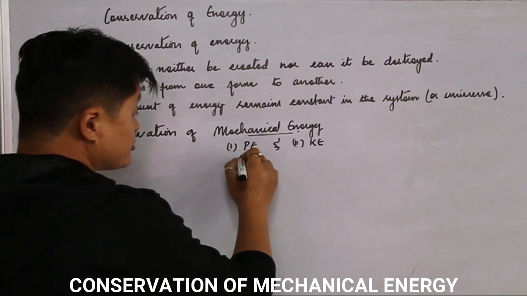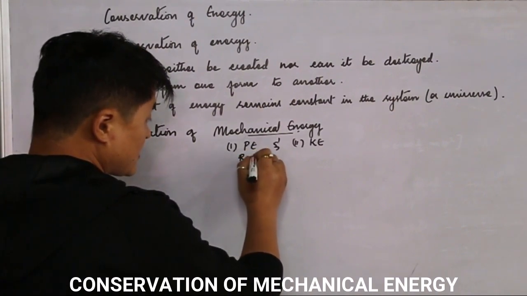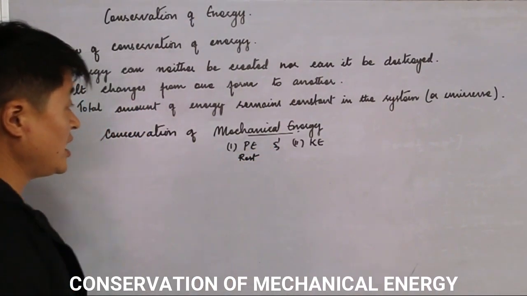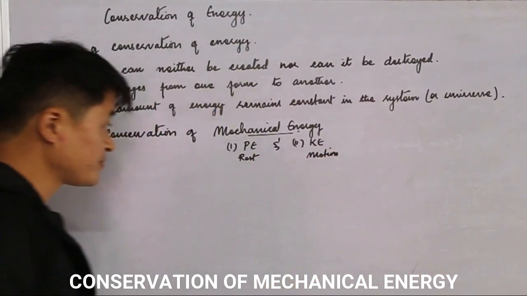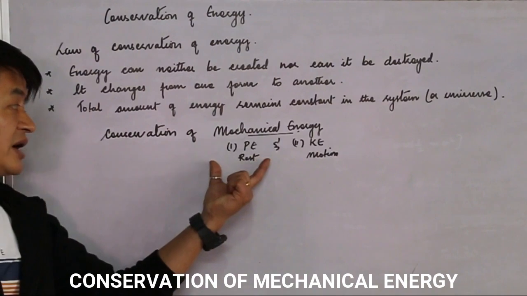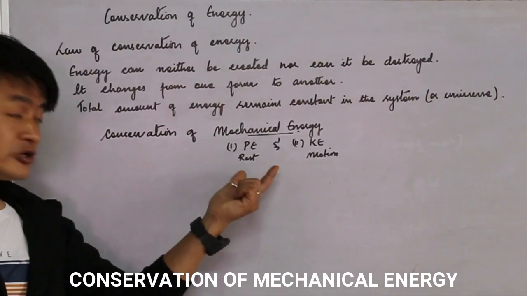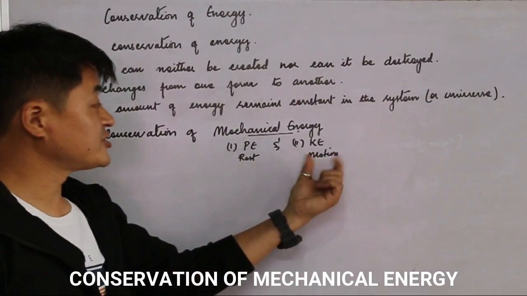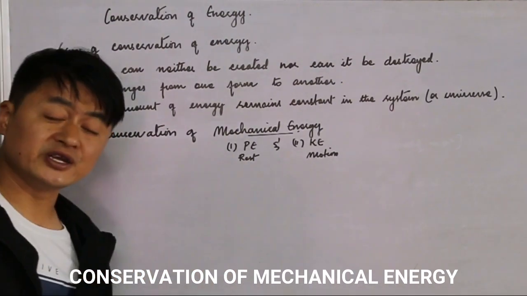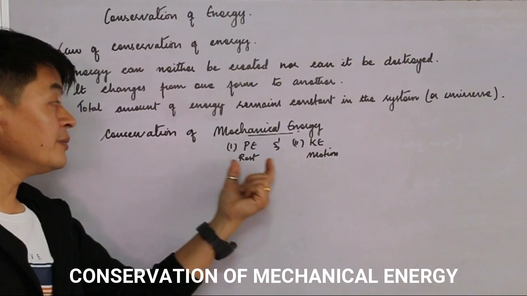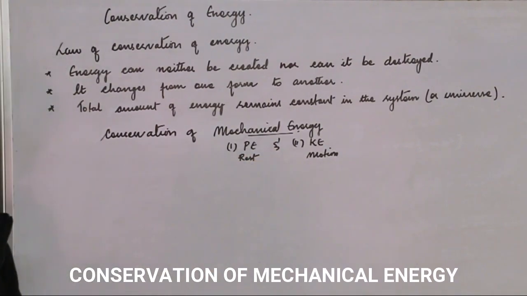Potential energy is due to its rest or position, and kinetic energy is due to its motion. Energy possessed by a body due to its rest or position is potential energy. Energy possessed by a body due to its motion is kinetic energy. These are the simple definitions for potential energy and kinetic energy.